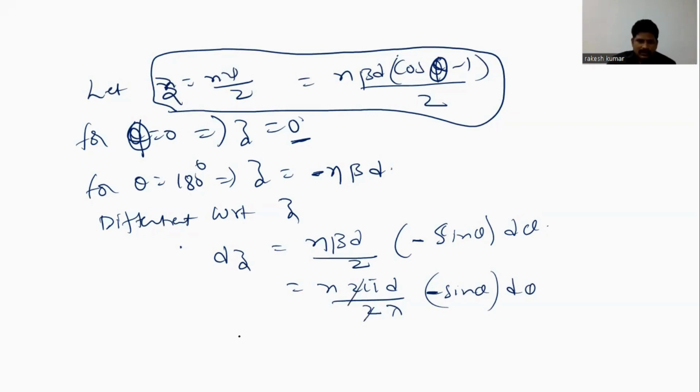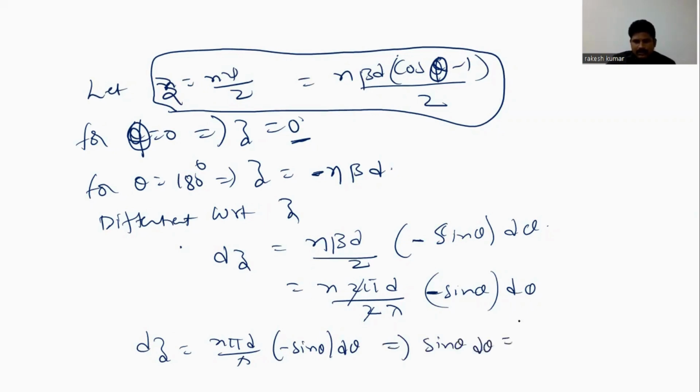The 2 will get cancelled. Therefore, dz is equal to n by d by lambda into minus sin theta d theta. This implies, in the place of sin theta d theta, I can write minus lambda by n pi d into dz.